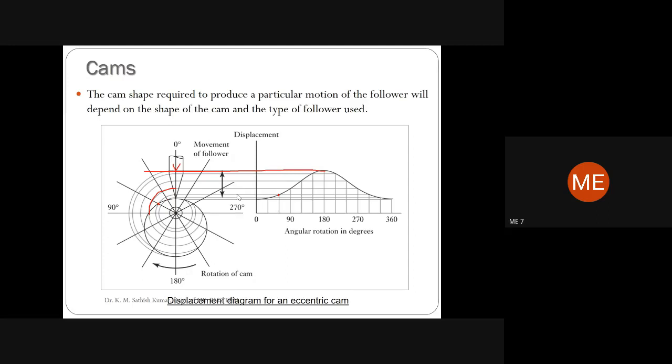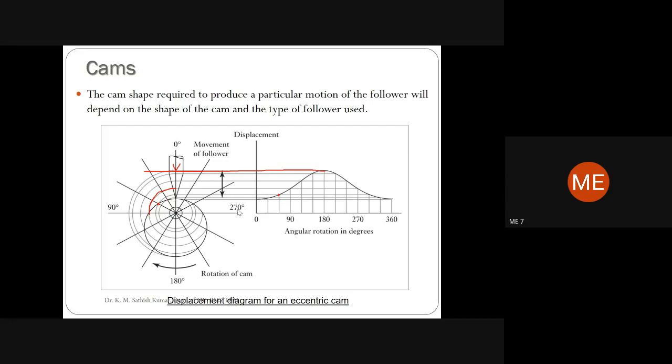Now let's understand the three different types of cams. The motion required to produce a particular motion of the follower depends on the shape of the cam and the type of follower that you are going to use.